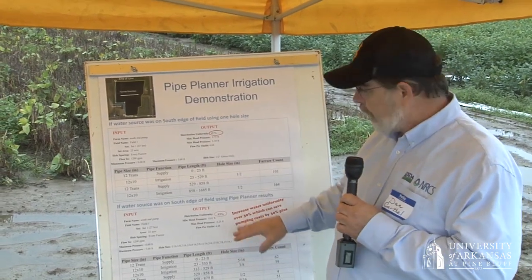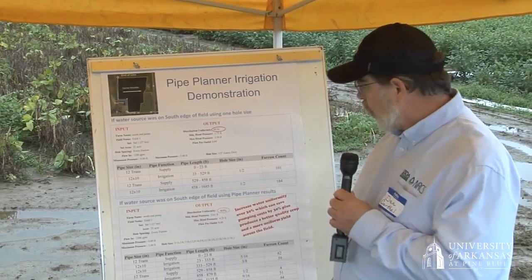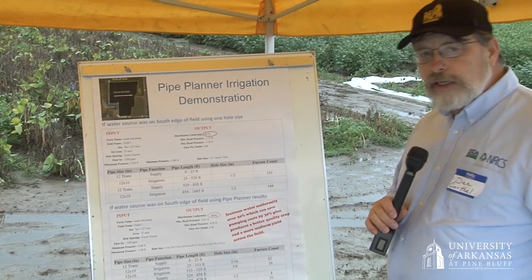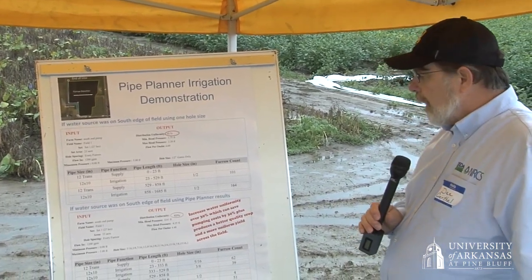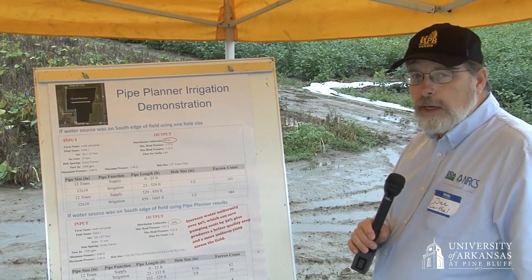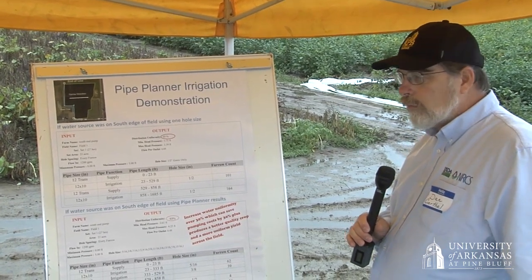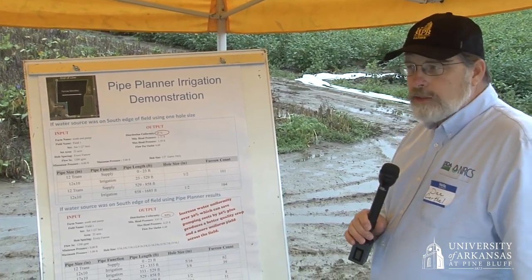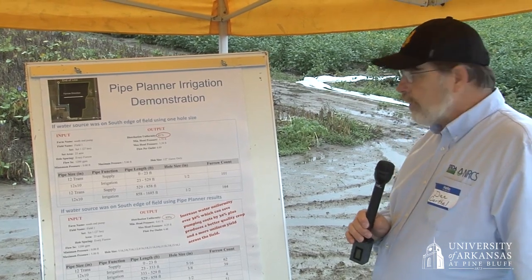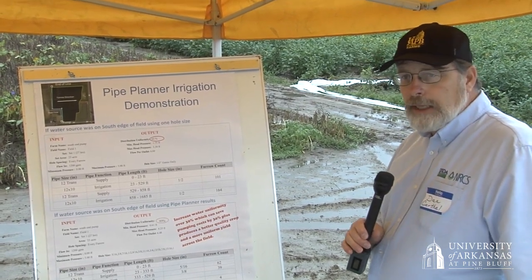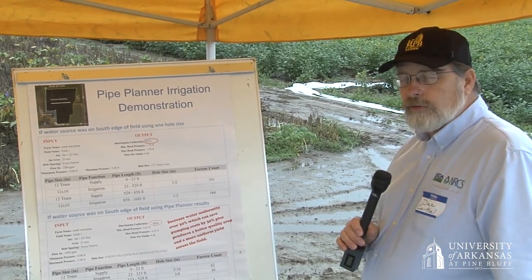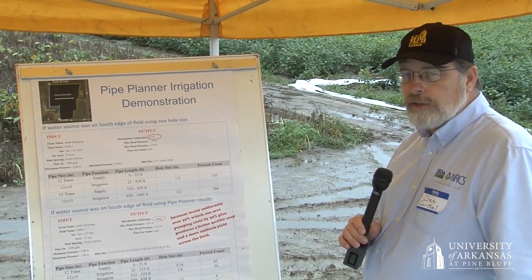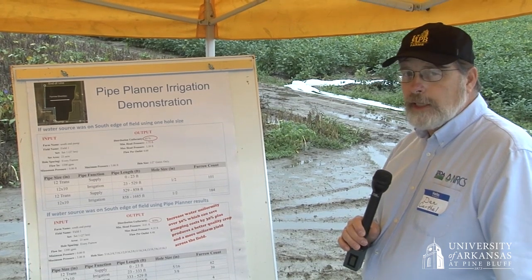With Pipe Planner, you can get 93% uniformity, and so you can get a significant savings in water and energy. It's an easy to use program, and like I said, NRCS strongly encourages farmers to use Pipe Planner for those very reasons: conservation of water, conservation of energy, and it helps the farmers make money.